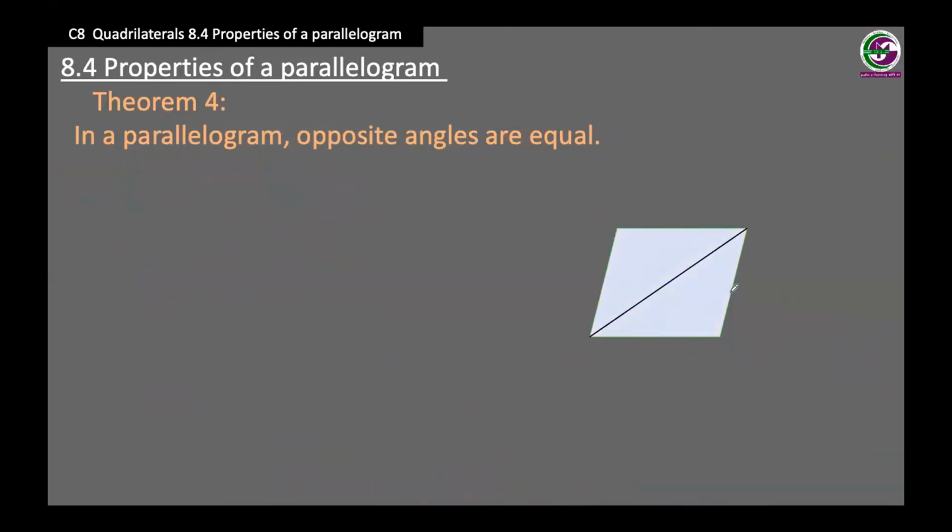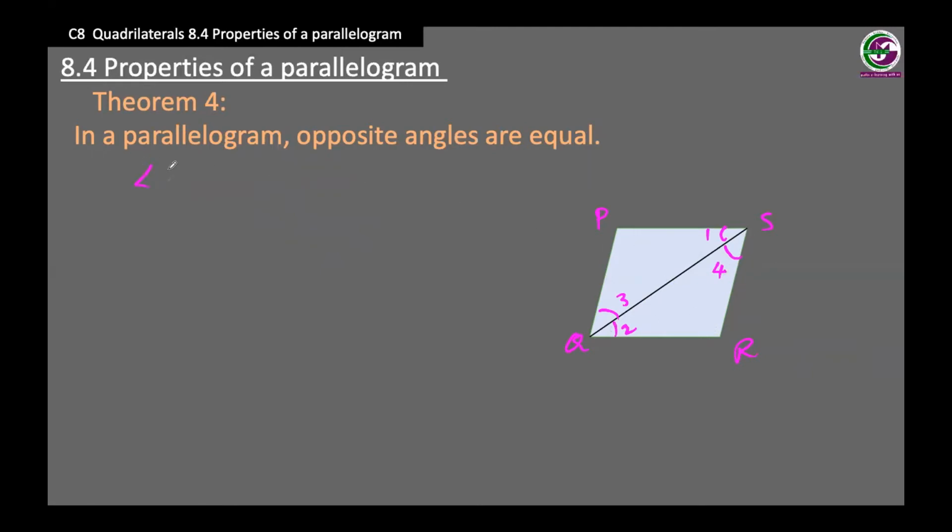In a parallelogram, opposite angles are equal. We have seen that in a parallelogram, let's name it PQRS, angle 1 is equal to angle 2. Again, angle 3 is equal to angle 4, because alternate interior angles are equal.